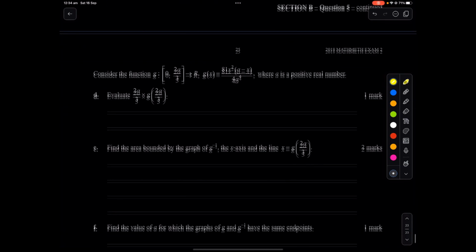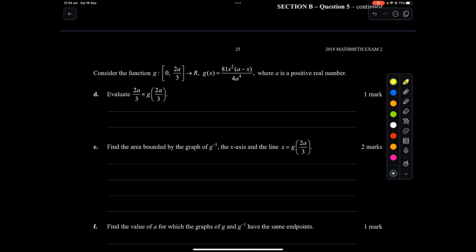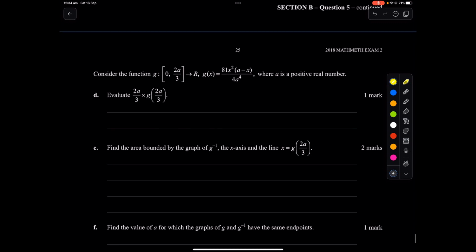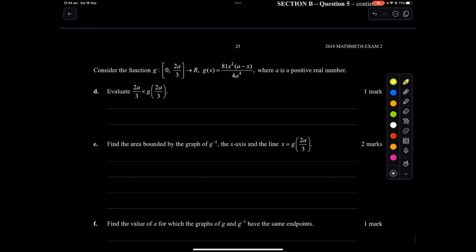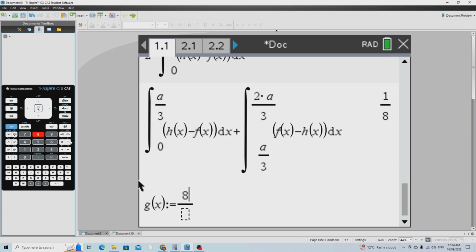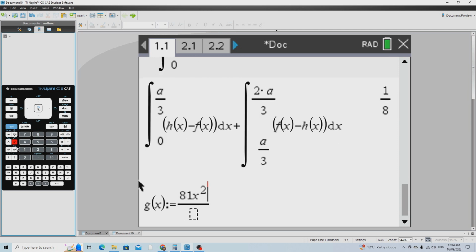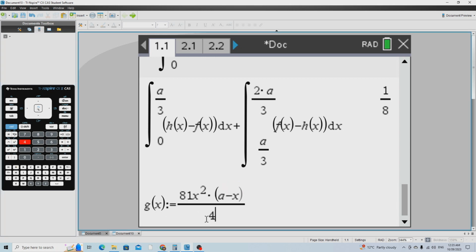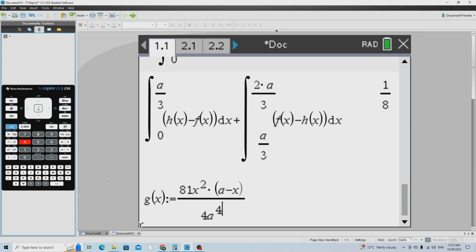That's that. Consider the function g of x given by this, where a is a positive real number. Evaluate this. Okay, so g of x is this function, so let's define that. g of x as 81 x squared times (a minus x) over a to the power of 4.